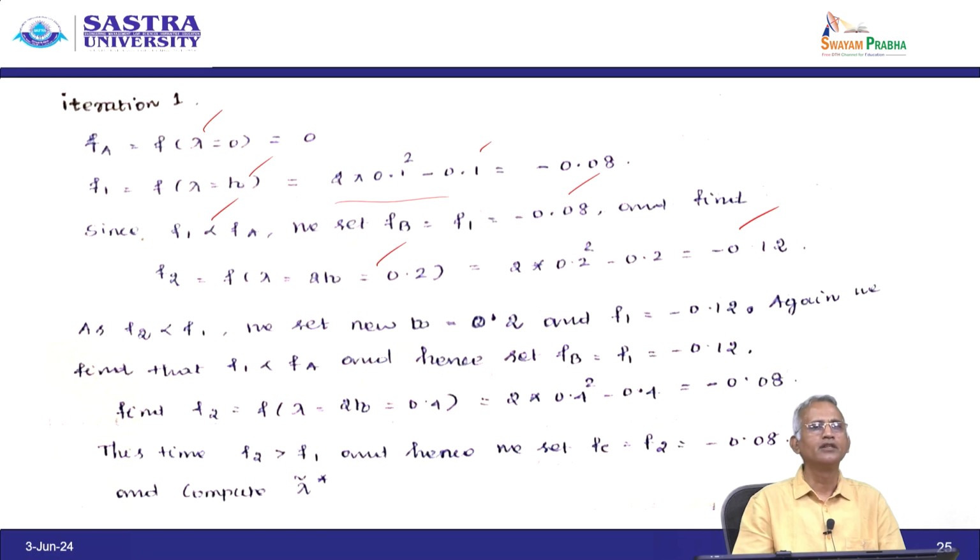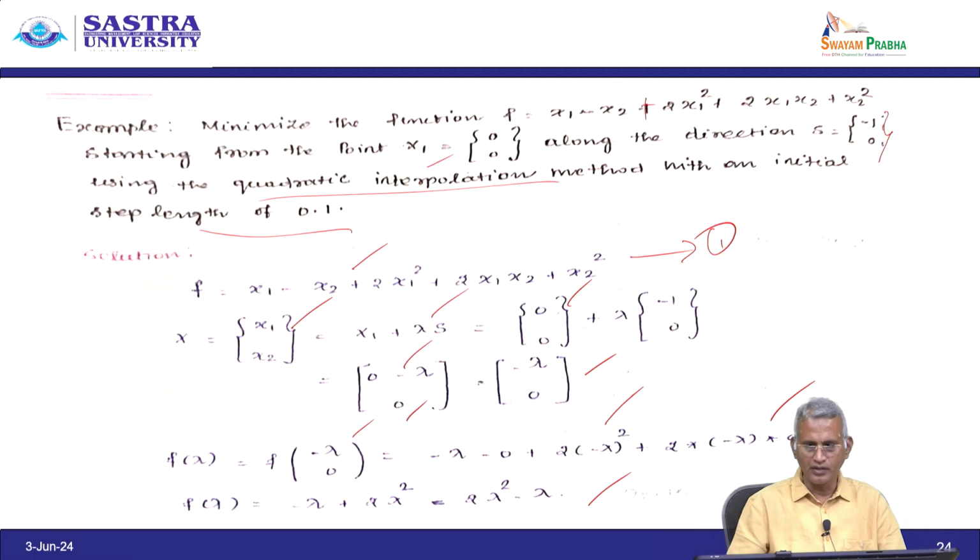Now, f2 is less than f1. So, we set a new t naught equal to 0.2. Now, f1 equal to minus 0.12, again we set f1 less than fa. So, fb equal to f1 equal to minus 0.12. So, find f2, where f2 equal to f of lambda equal to 2 t naught equal to 0.4, and substitute in this second equation.